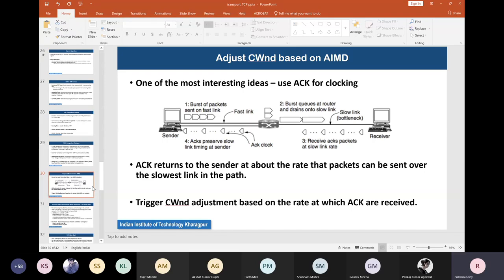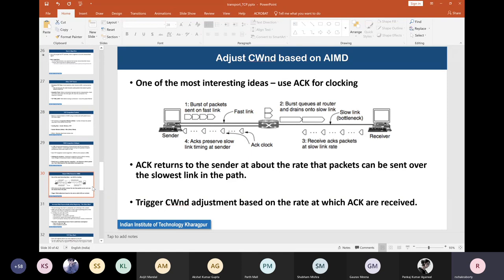But we require some numerical values of what should be the rate at which packets can be sent and what is congestion, etc.